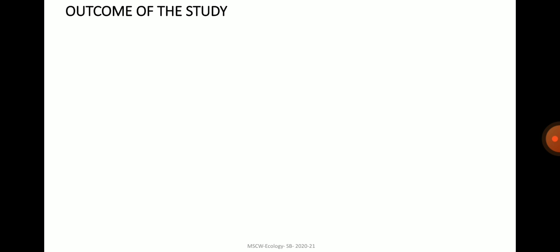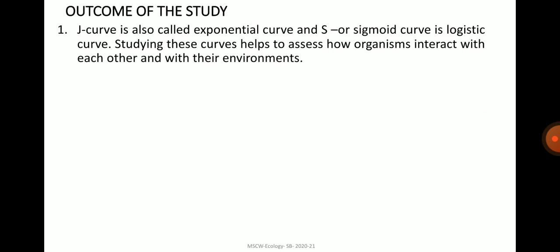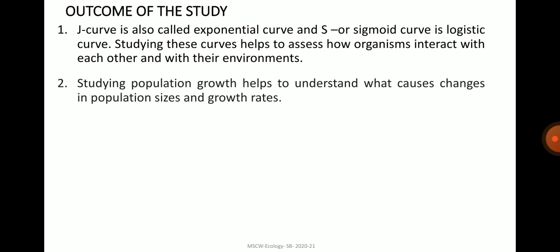Finally, the outcome of the study, as we have already studied the two types of growth curves, that is the J and the S curve. The J curve is also called the exponential curve and the S or sigmoid curve is called the logistic curve. Studying these curves helps to assess how organisms interact with each other and with their environments.